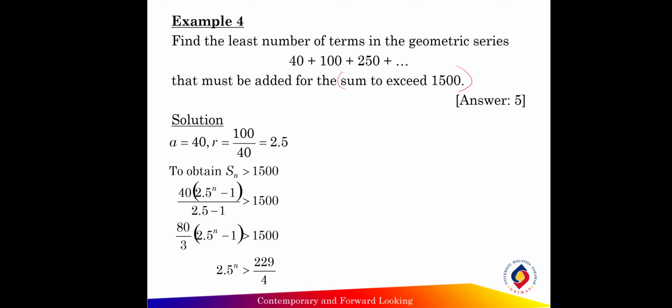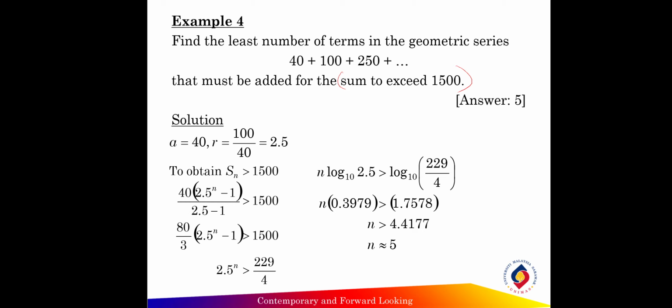If you notice, in example 3 and example 4, for the common ratio, one is r less than 1, one is r greater than 1. So we are using the correct formula, and when you simplify, you find that your n is in the index.